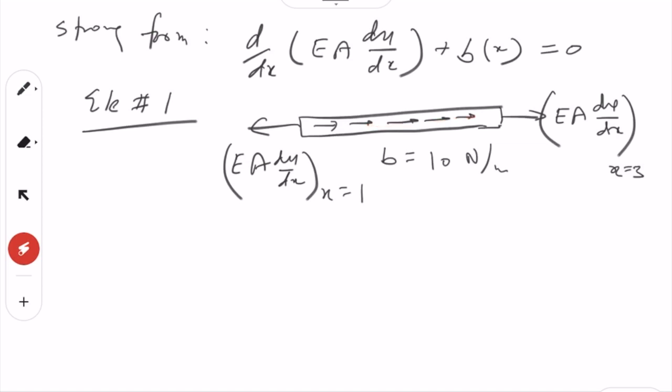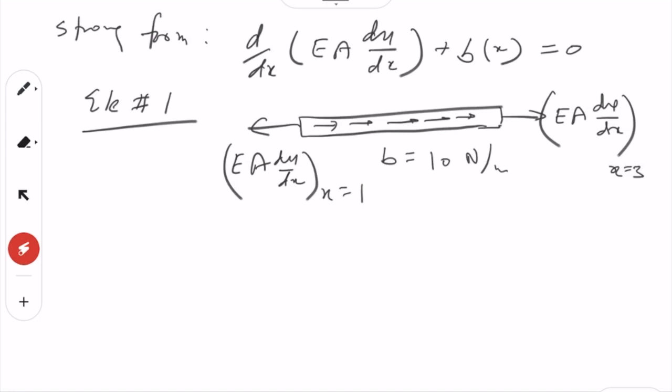When we are going to derive the weak form for this element, we can go element-wise to convert this strong form to the weak form, because the conditions may be different. In the first element we have b, in the second element there is no b, for example.